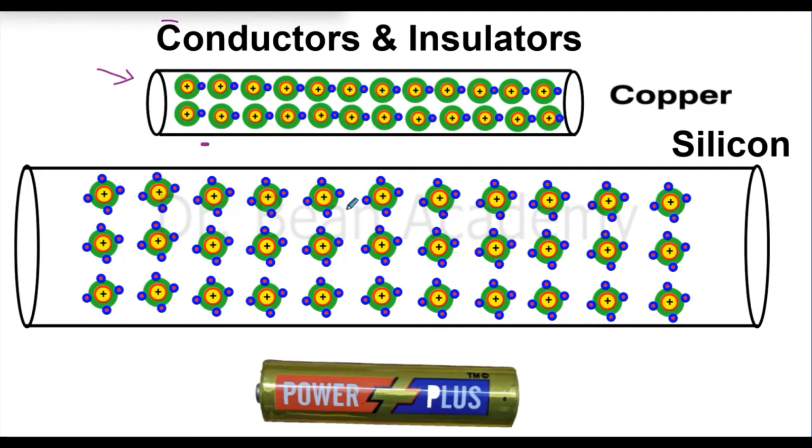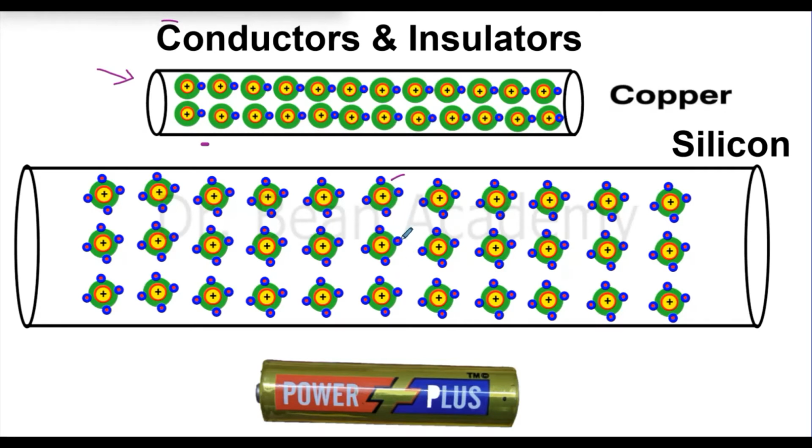electrons in the outermost shell, and then a different kind of bonding is formed between these atoms. This bonding is called covalent bonding, and what happens in this bonding is that every silicon atom, for example this, has 4 electrons in the outermost shell. Let's take the middle atom so that I can show all the interactions.